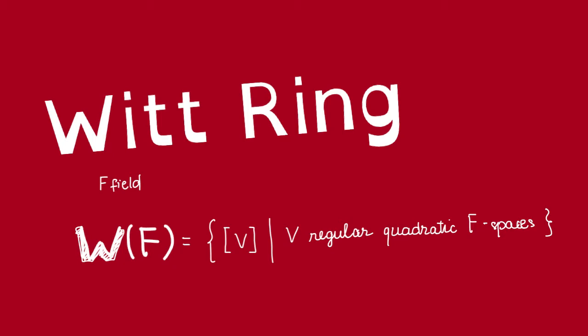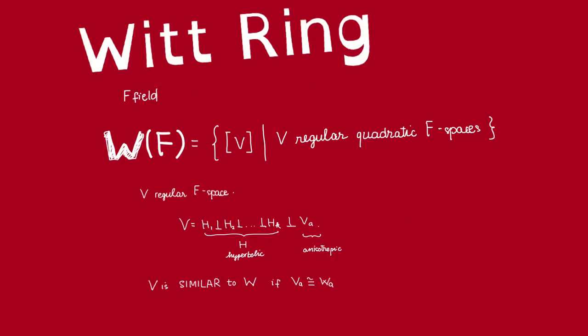Let's first define similarity. Now remember that every regular F space has a Witt decomposition. It can be written as a direct sum of hyperbolic planes, perped with an anisotropic part. This part is a hyperbolic space.